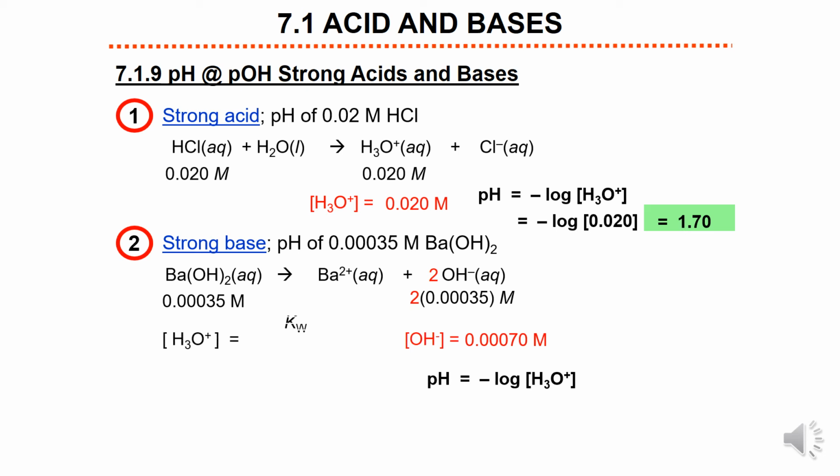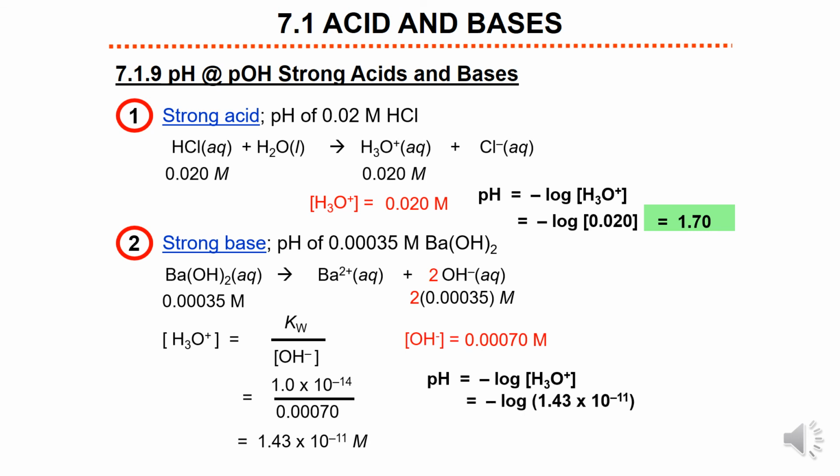The concentration of hydronium ion we can get from the formula Kw over the concentration of hydroxide ion. Kw, 1 times 10 to the power of minus 14, over 0.0007 molar concentration of hydroxide ion. So the concentration of hydronium ion is 1.43 times 10 to the power of minus 11. Substitute in our equation, then the value of pH equals 10.85.